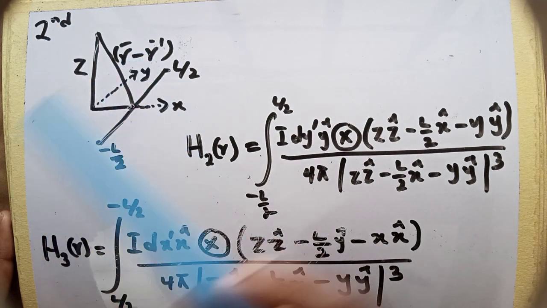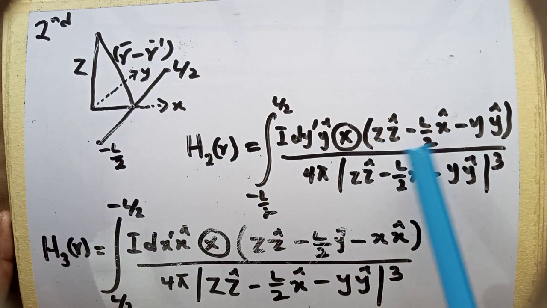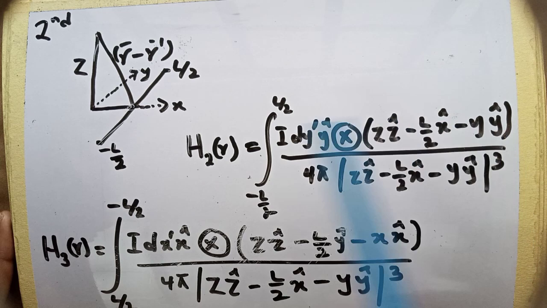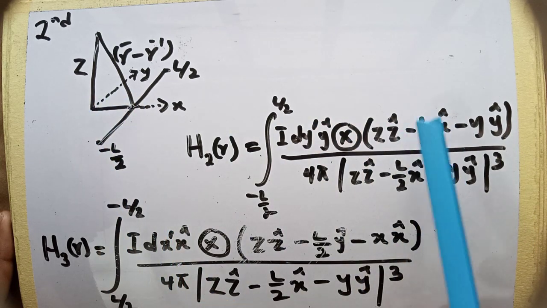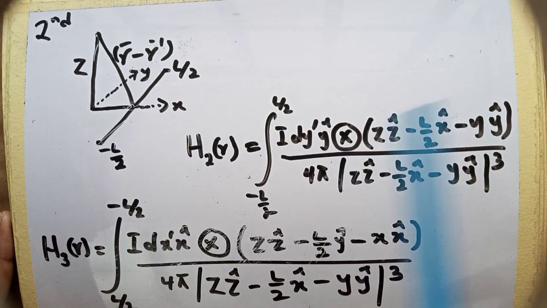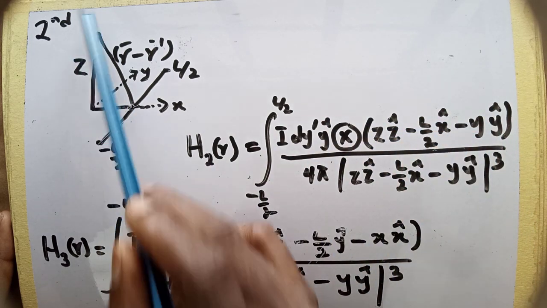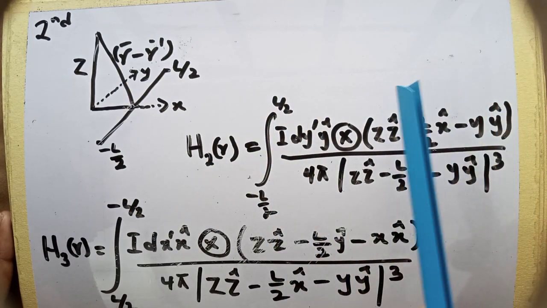But the y is off the route, so we take our y backward, which is negative y cap. Then for our x, if we move, we are moving backward, so it will take minus L over 2 because this side is also inside the route that we are following, x cap. Then our z, we have this particular one. So we have this one as our second segment.